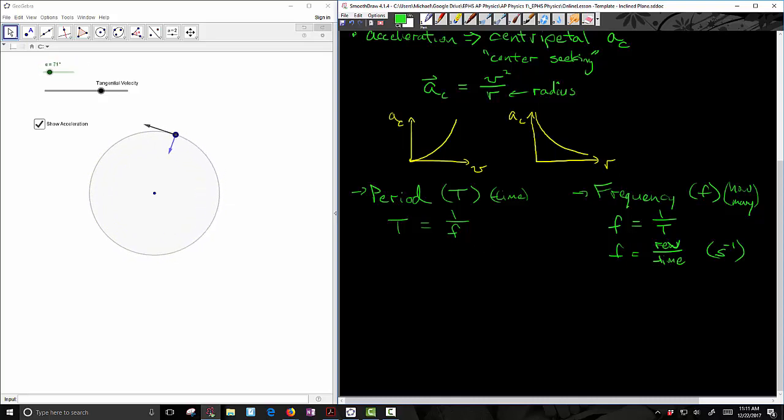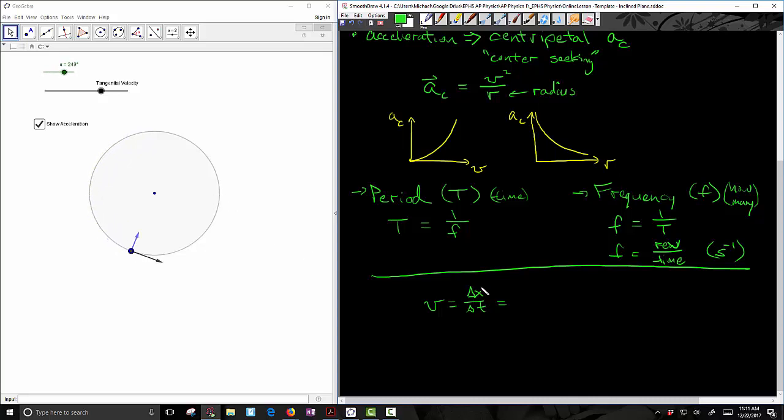So how can we tie this all into acceleration and velocity with period and frequency? It's not too hard. Velocity is how far it goes, the change in position over time. And in a circle, what we want to do is go all the way around one time.